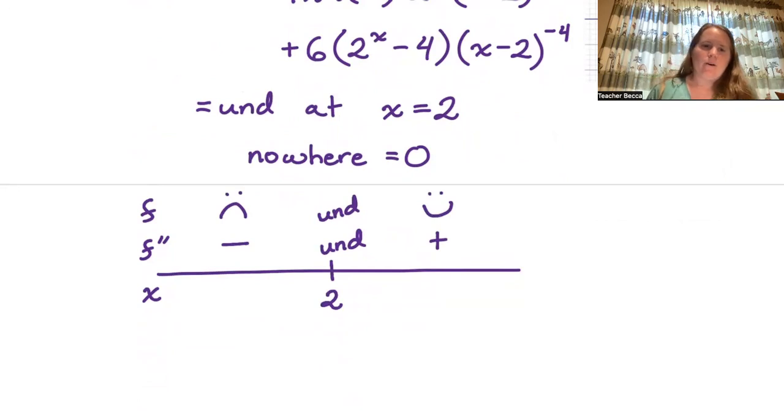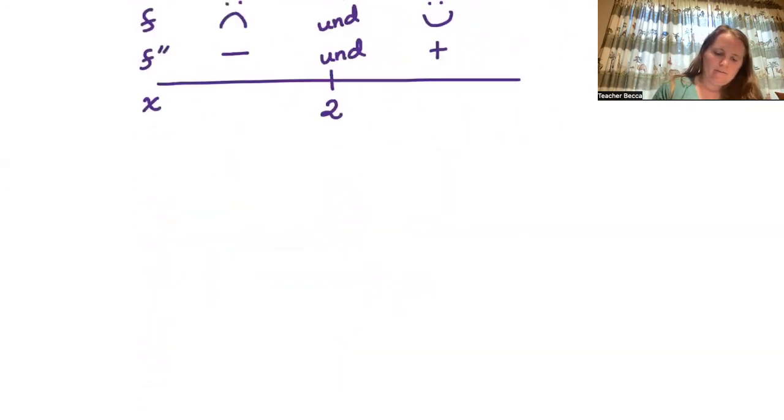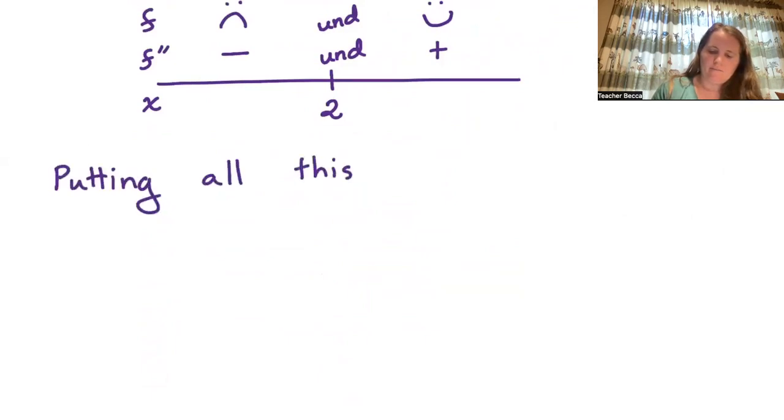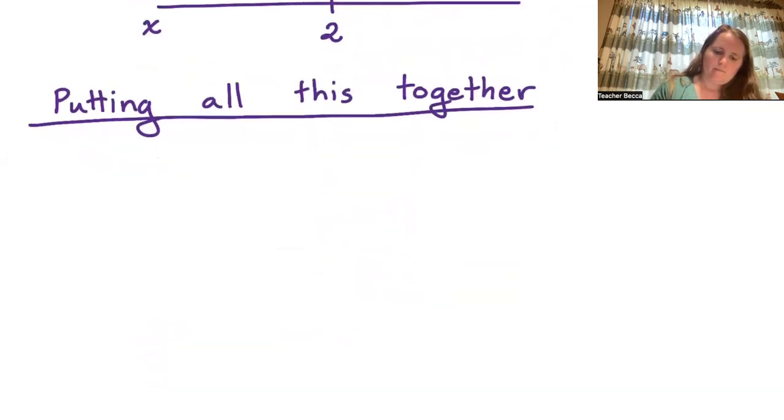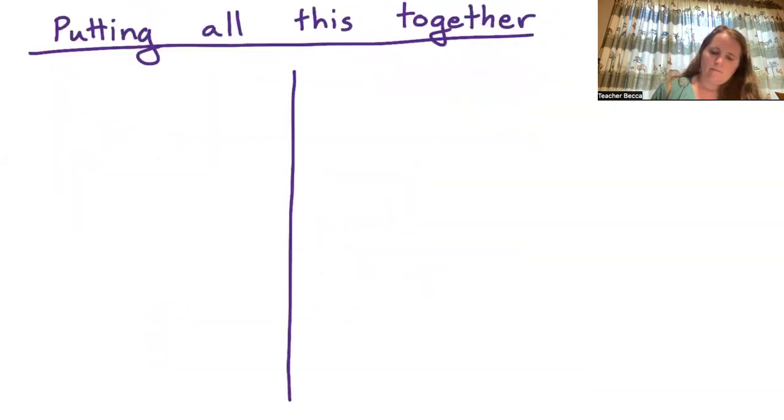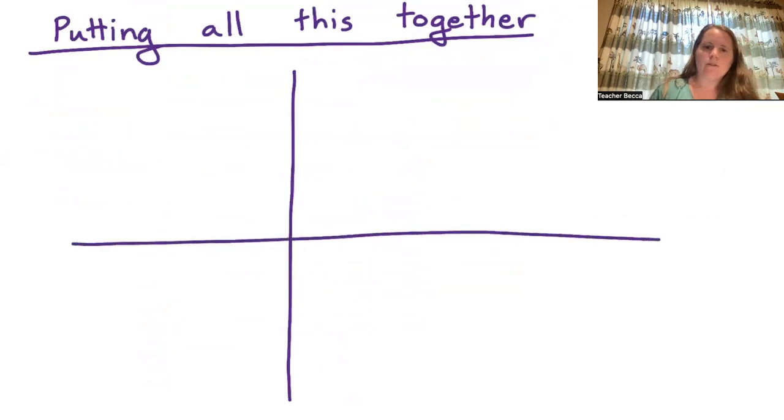So we can now put all this together. Our primary point of interest is at x equals 2.